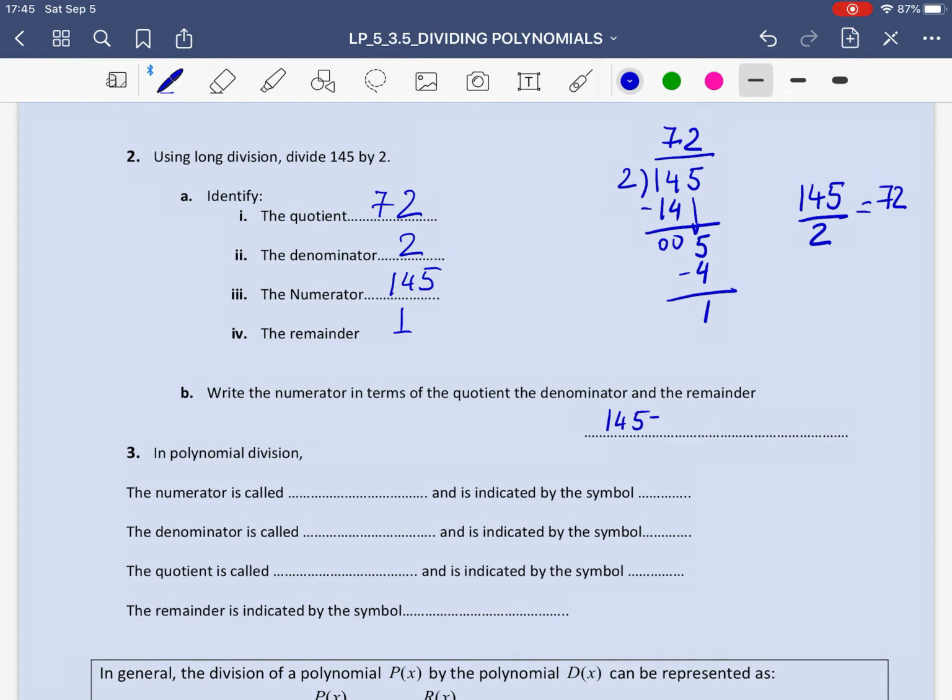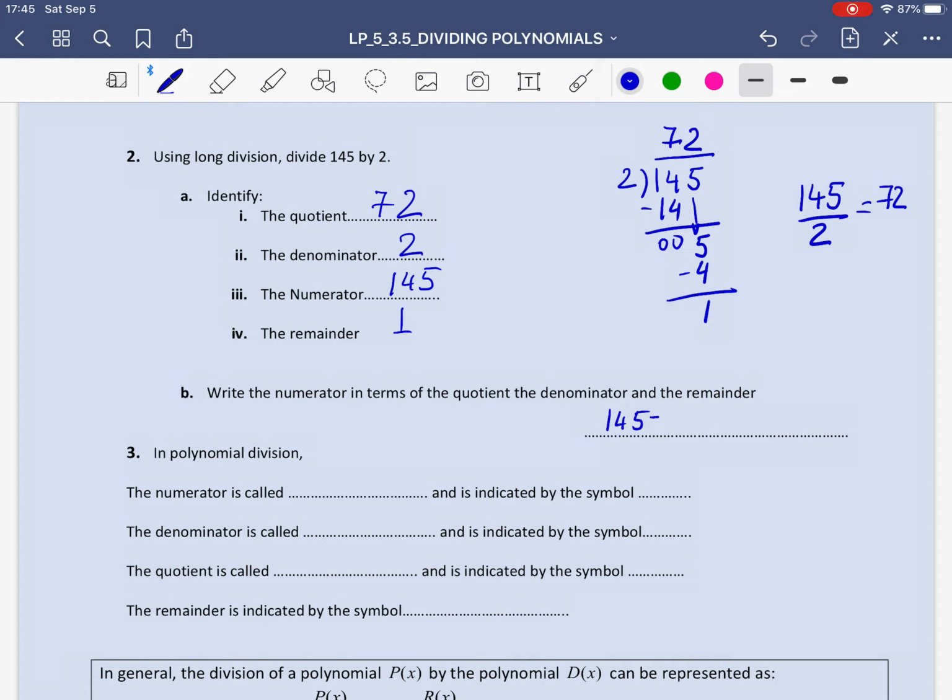The denominator is called the divisor, and the symbol used is d(x). The quotient is called simply a quotient again, and the symbol we use is q(x). And the remainder is indicated by the symbol r(x).